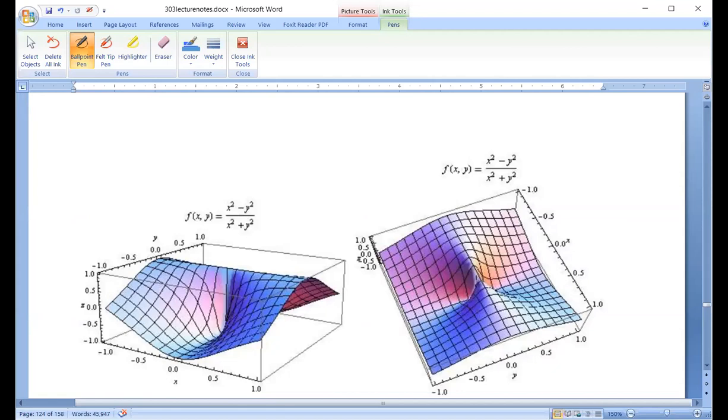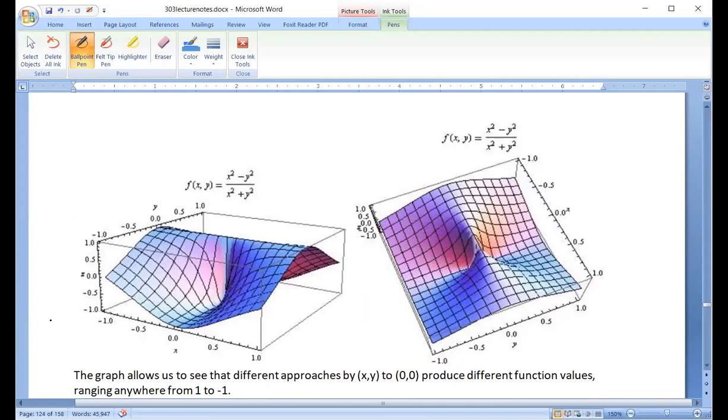Now let's take a look and think about what it means to approach from different paths. Notice that (0, 0) again is kind of in the middle, but depending upon which way we approach that middle, we're going to get different values.